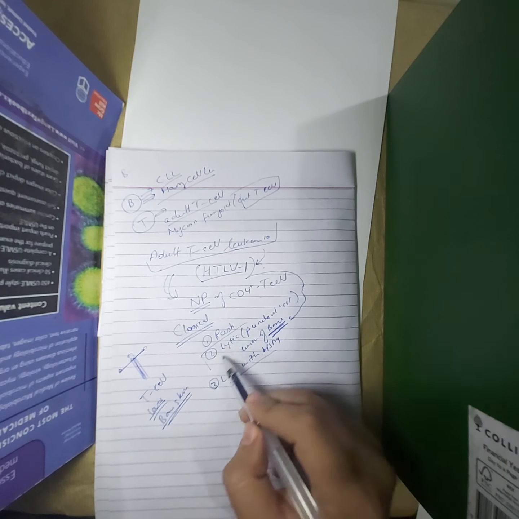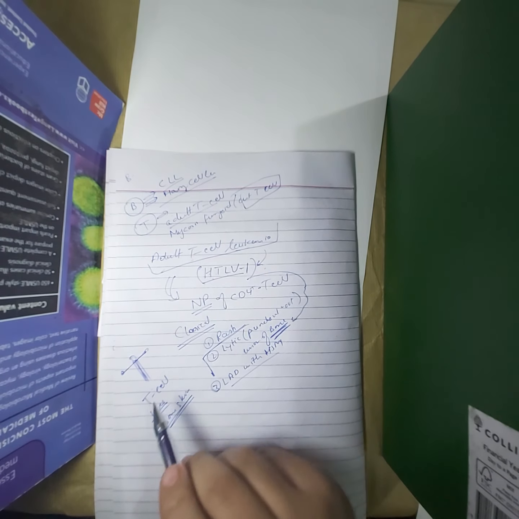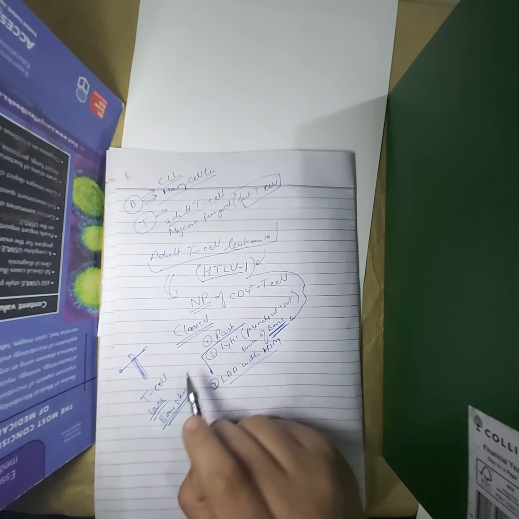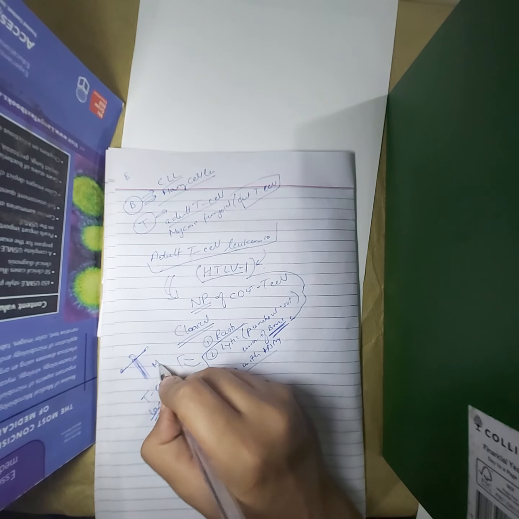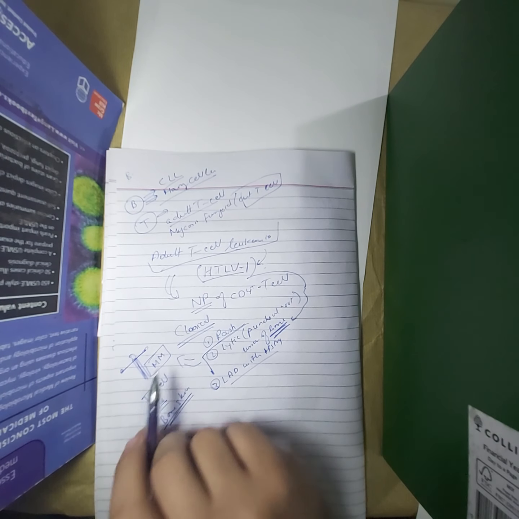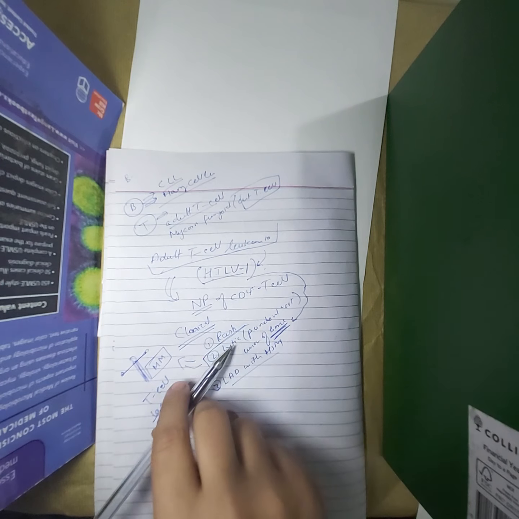Here I am going to mention some extra information: the lytic punched out lesions of the bones are mostly concerned with multiple myeloma. I will explain this in a few lectures. What are lytic punched out lesions?